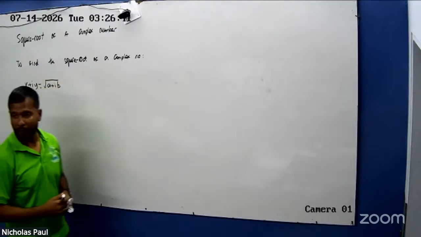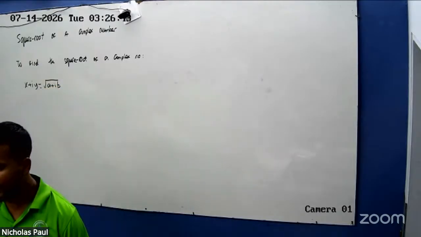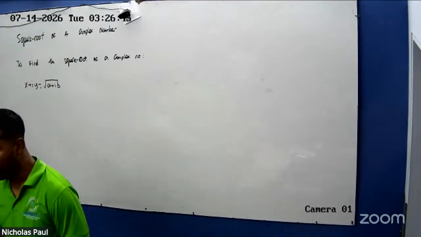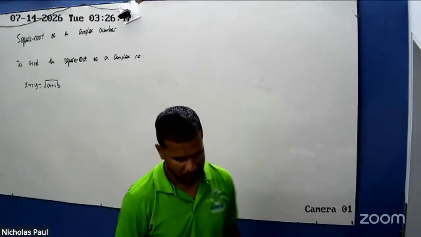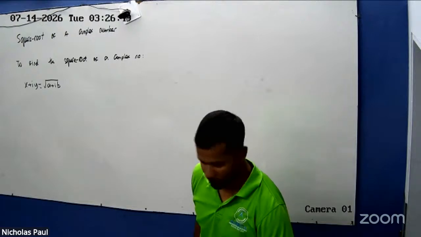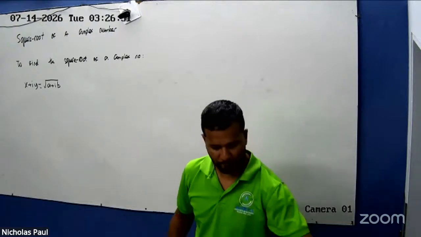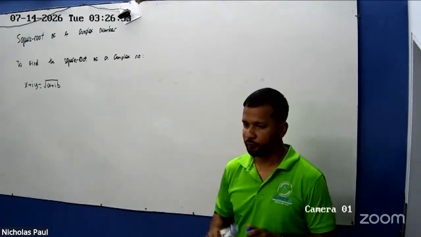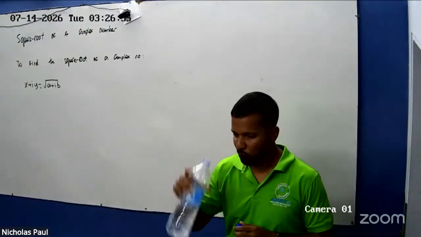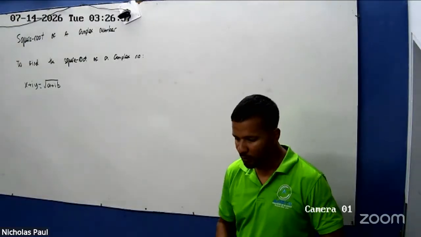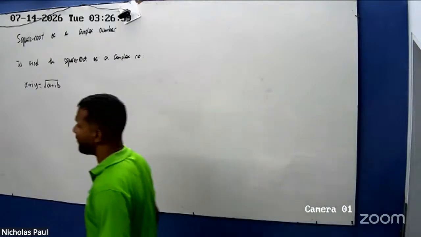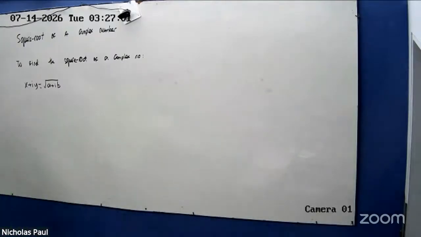Right, so next heading: square root of a complex number. Here's what we need.